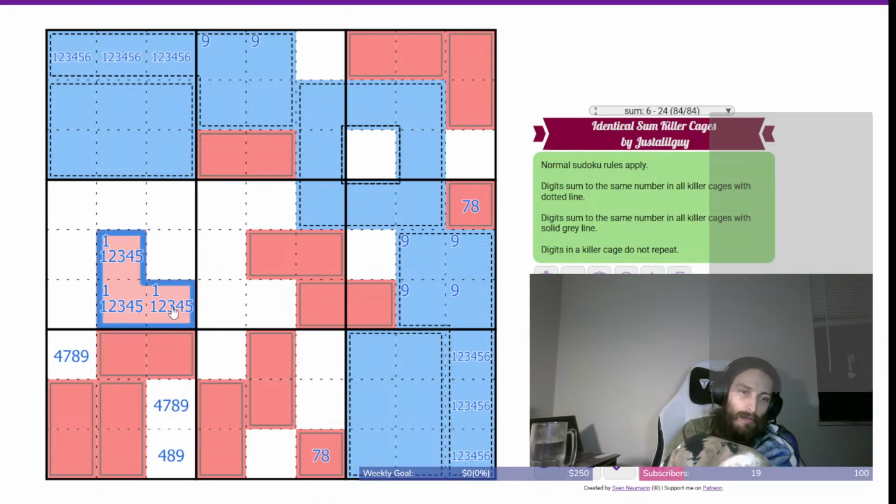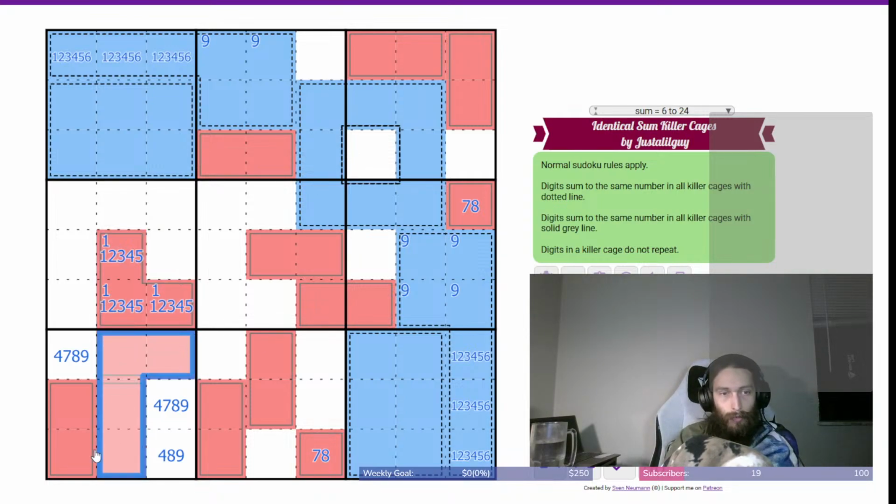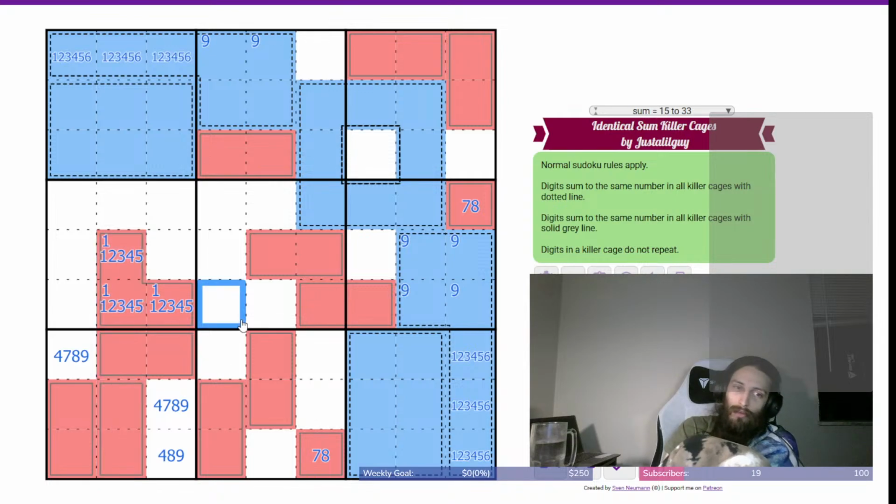Okay. Can red be 7? Let's make this 1, 2, 4. Is there any reason why that wouldn't work? These would just simply be 1 through 6. You have 5 in that column.